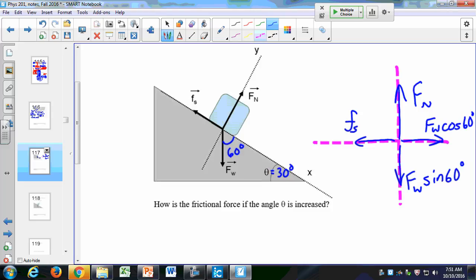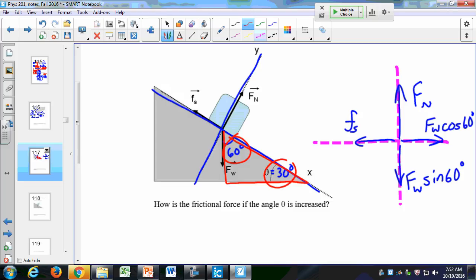What I've done is resolve my force weight into its x and y components, remembering that my angle here is 60 degrees, not 30 degrees, because I take the angle from the x-axis. This is my coordinate system. There's my y, there's my x. Notice that I have a triangle here. So if this angle is 30, this angle is 90 minus 30, or 60.